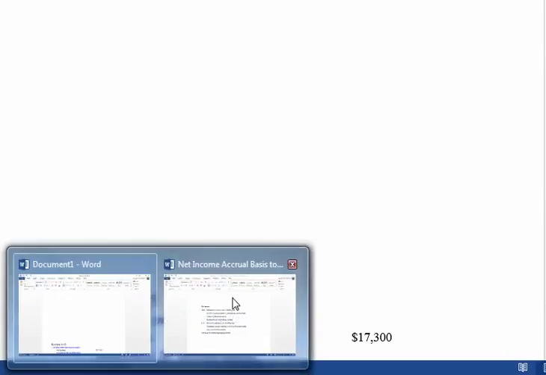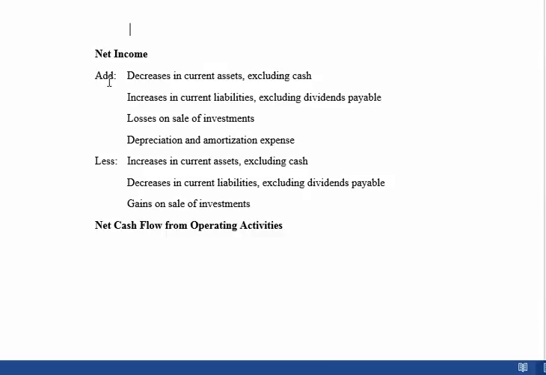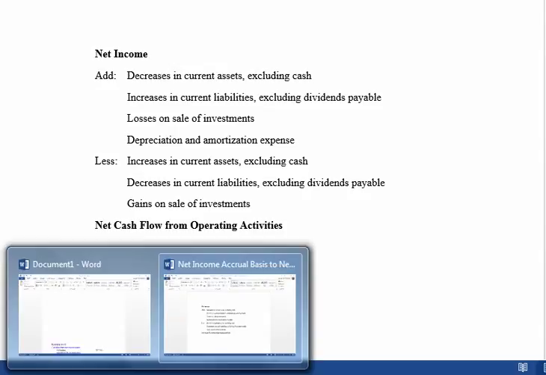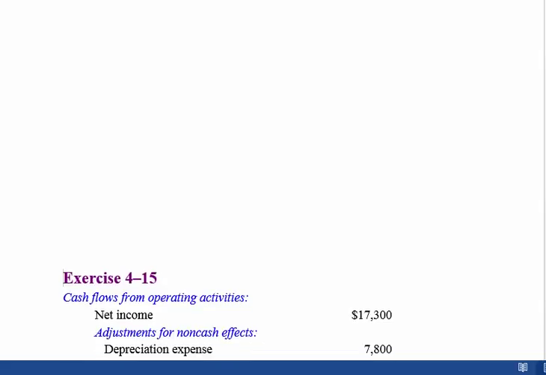Okay. Then we've got adjustments for non-cash effects. Well, those are going to be any depreciation expense, amortization expense. The only one I see here is depreciation expense. Remember, it's added. So adjustments for non-cash effects would be things like depreciation expense and amortization expense. Here we've got depreciation of $7,800.